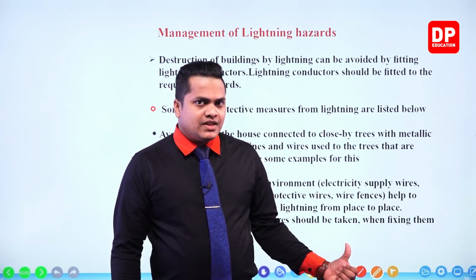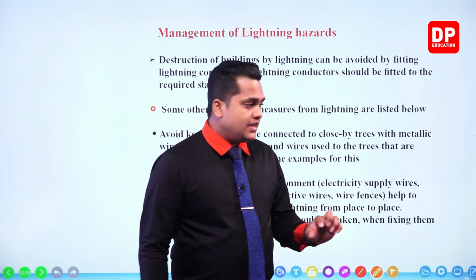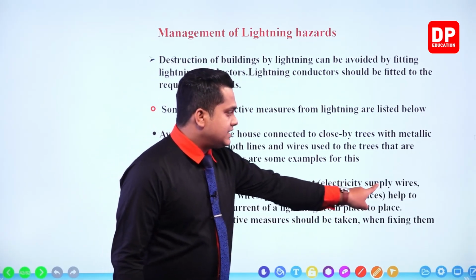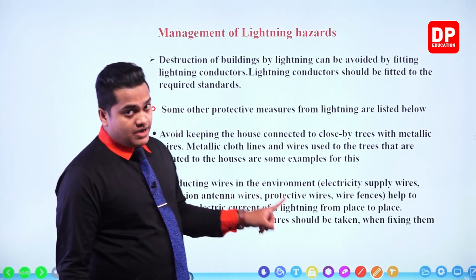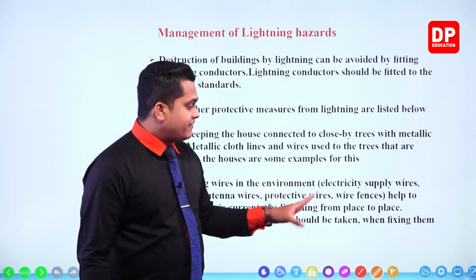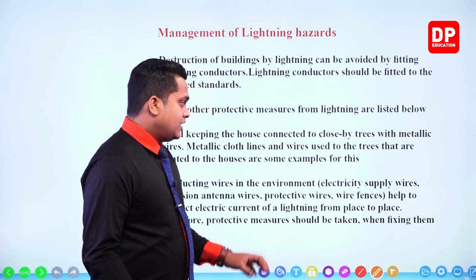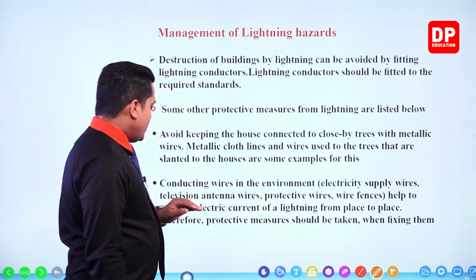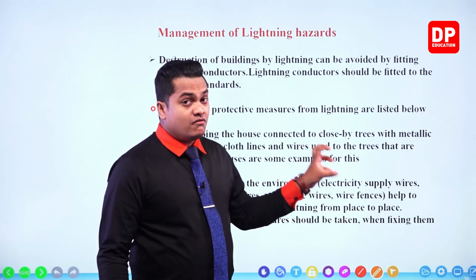So here it is given that if there are wires and conductors like electricity supply wires, television antenna wires, protective wires and wired fences, then these are going to help to conduct electric current of lightning from one place to another.